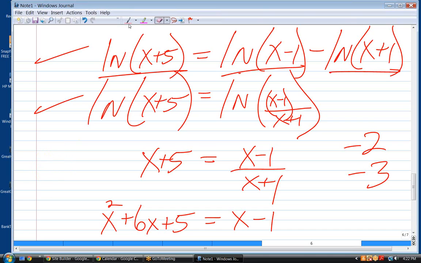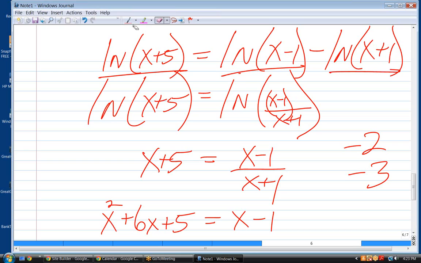Well, when you have the natural log of x, x has to be greater than 0. It can't even be equal to 0. And both solutions we came up with would cause us to be taking the natural log of a negative number. Even this one, when I substitute minus 2 and minus 3, I get the natural log of a negative number.